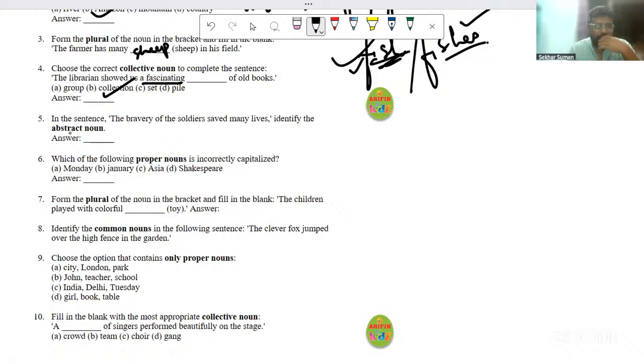Okay. So, number 5, in the sentence, the bravery of the soldiers saved many lives. Identify the abstract noun over here. Definitely, the answer is going to be bravery. This is an abstract idea, right?